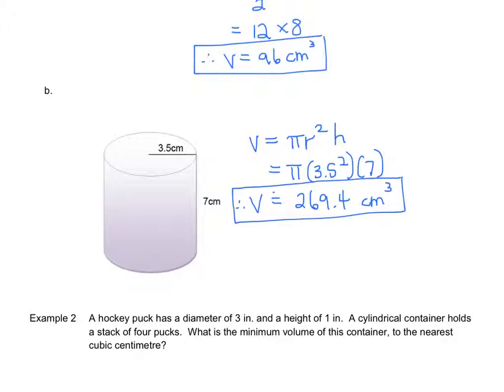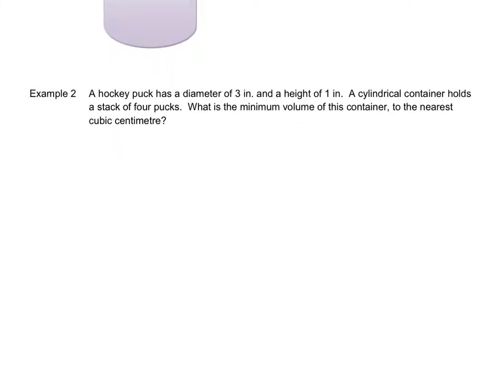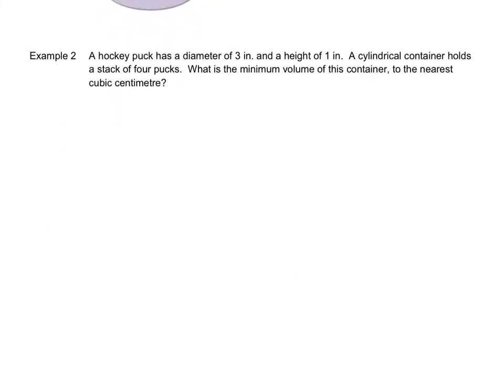Okay, next we have a word problem. It says a hockey puck has a diameter of 3 inches and a height of 1 inch. A cylindrical container holds a stack of 4 pucks. What is the minimum volume of this container to the nearest cubic centimeter? When you see this type of wording, where it says what is the minimum volume, don't let that confuse you.